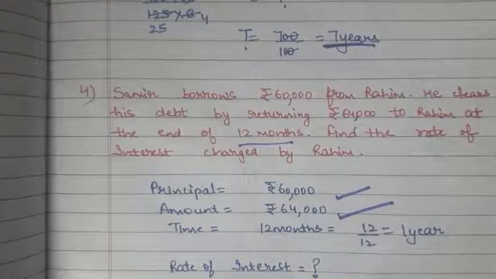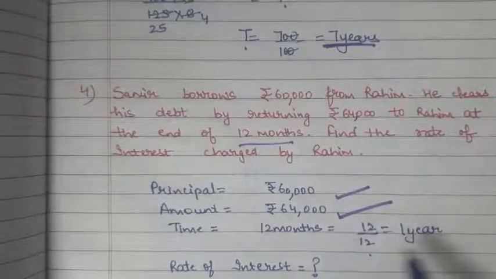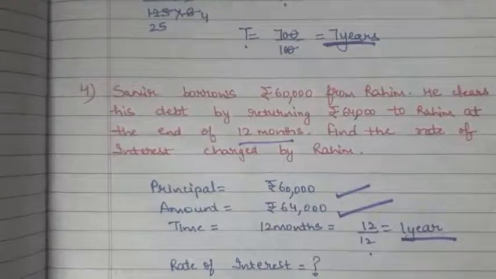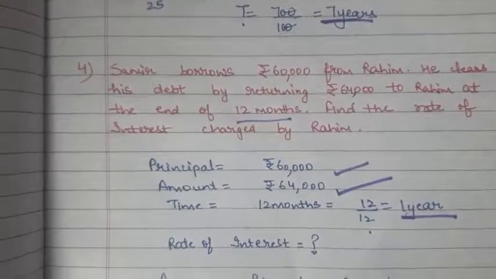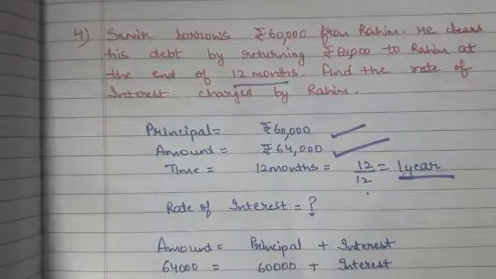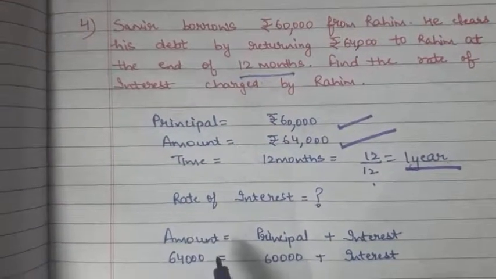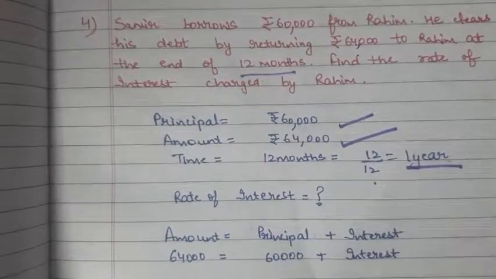Now 12 months means it's 1 year, because 12 upon 12 gives you 1 year. And rate of interest we have to find out. Now we know the formula for amount is principal plus interest.